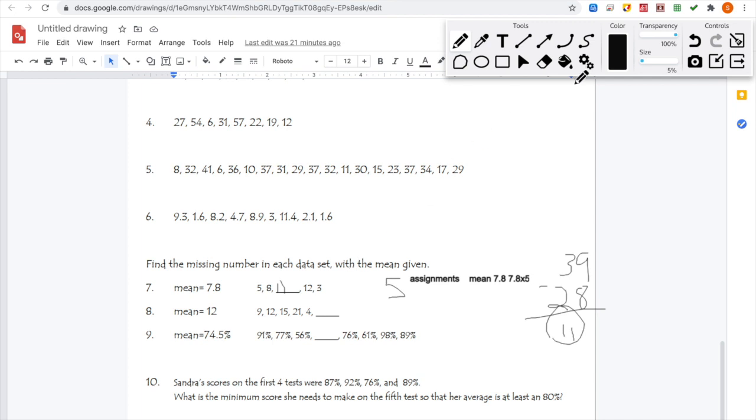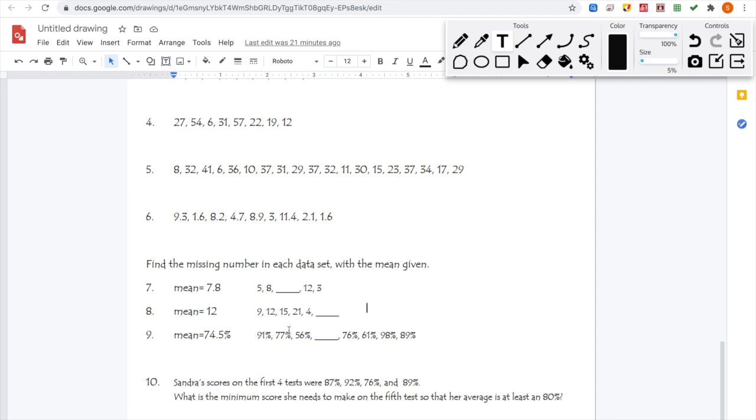Okay, we're going to do another example. So far we're just going to pretend we already have 1, 2, 3, 4, 5 assignments, but we know there's going to be a total of 6 assignments. Actually, you know what? I'm going to go ahead and do number 9.